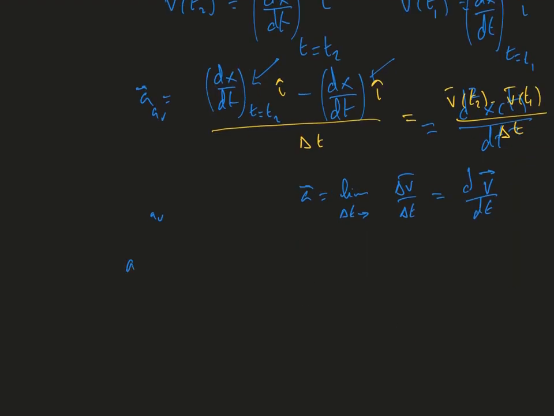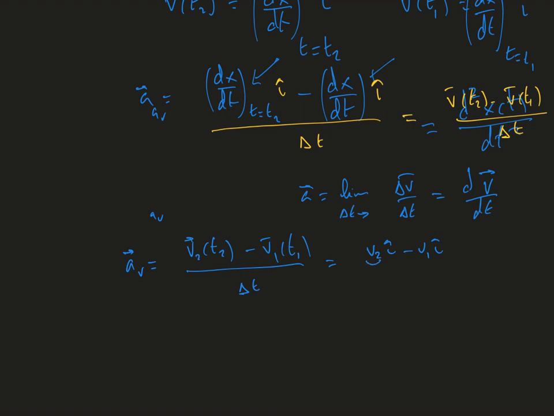The average vector acceleration will be v2 at time t2 minus v1 at time t1, the change in the velocity, divided by delta t. So if I write it in two dimensions, it will be v2 in the I direction minus v1 in the I direction.